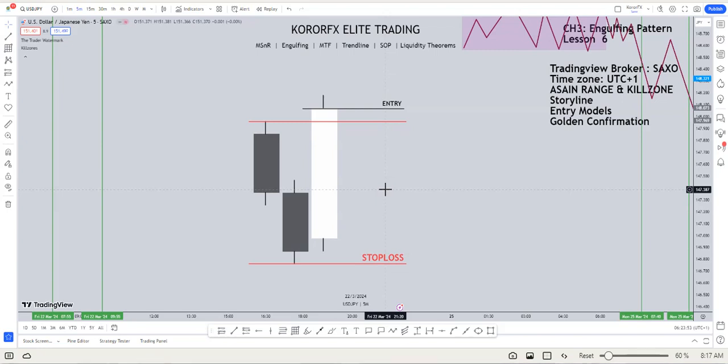First, golden confirmation gives us a confirmation that we are moving in that direction. We always have to know our direction before we enter, even with the engulfing. So if we know the direction and enter with the engulfing, that is market execution, no need for any other concepts. You will enter automatically when you see the engulfing.